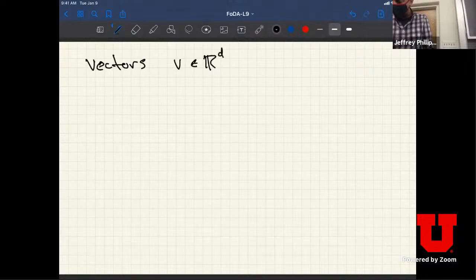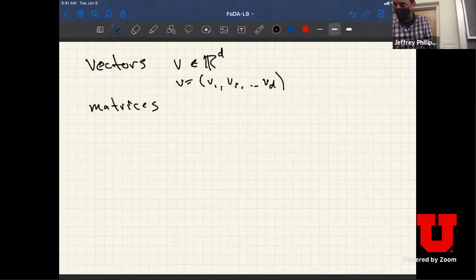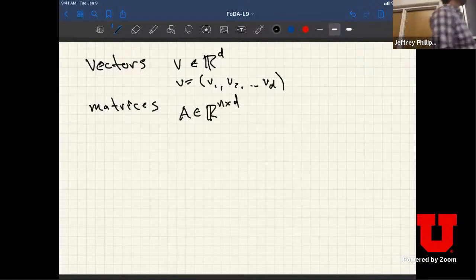This would be v equals, say, v1, v2 up to vd. And so matrices, let's say this is A, and this would be an element of R^(n×d). That means it has n rows and d columns.